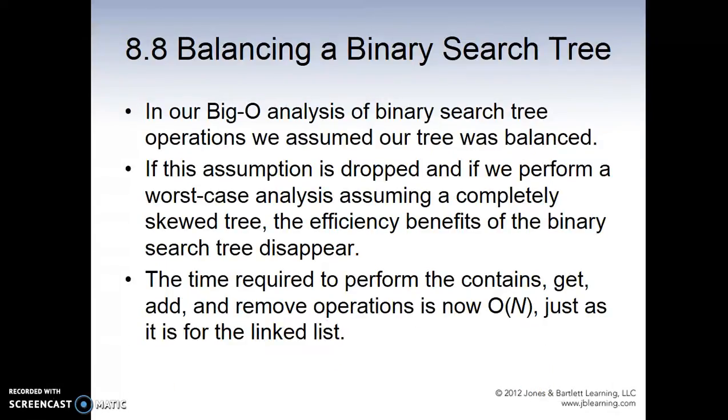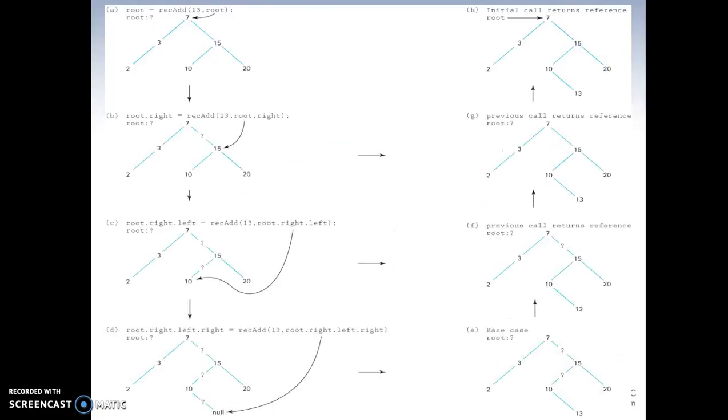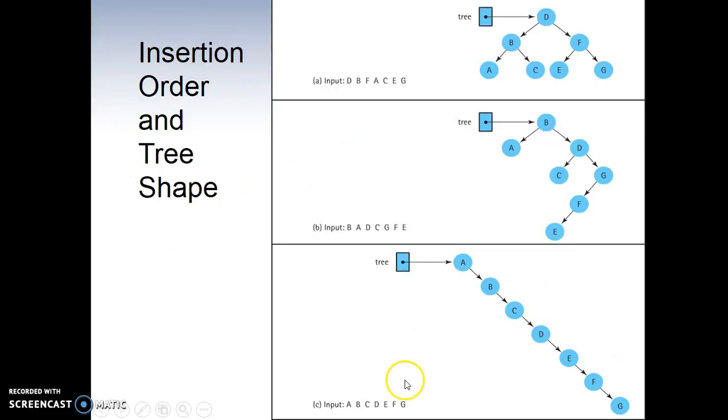Now we were talking about if the tree is not balanced, the efficiency is not going to be the best, it can be linear, right? Like I showed you earlier in the slides. If we insert an ordered list into a BST, it's going to be like that, because the first one is the root, and since everything is greater, it goes all the way to the right of the root, and that's going to give you linked list efficiency.